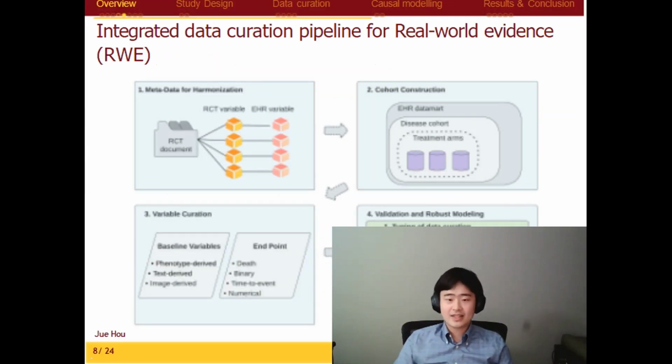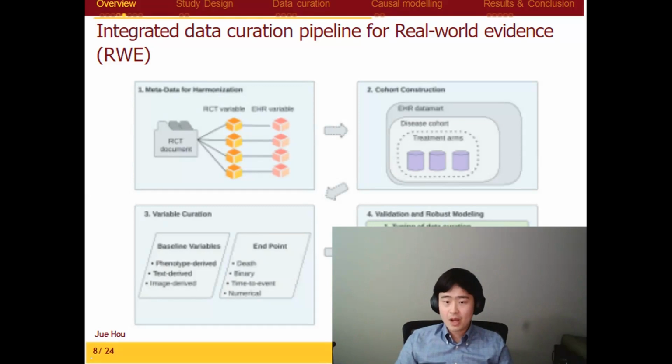So here is an integrated data curation pipeline for preparation of real-world evidence and analysis data from EHR data. This is another ongoing project. Today, we won't focus on the details of this pipeline, but just give you a brief overview. We start with the variable matching: we identify the key clinical variables in the RCT design, and then we map them to the list of EHR features.